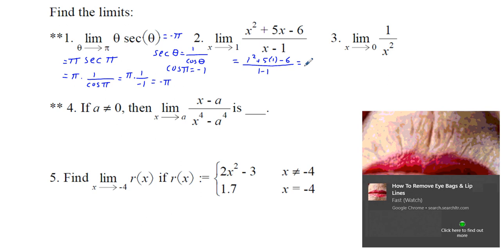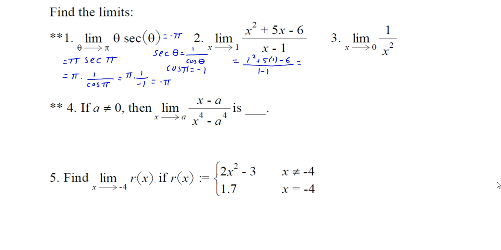We work this all out, we have 0 divided by 0. And I tell my students, whenever you see that, what you have here is something we call more work. So that's called the indeterminate form.